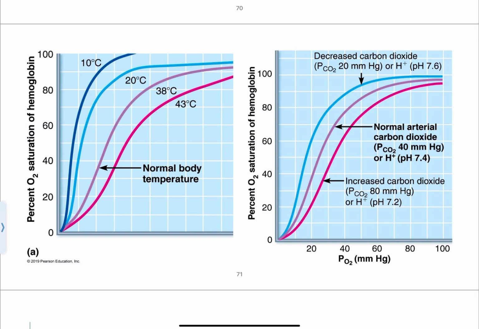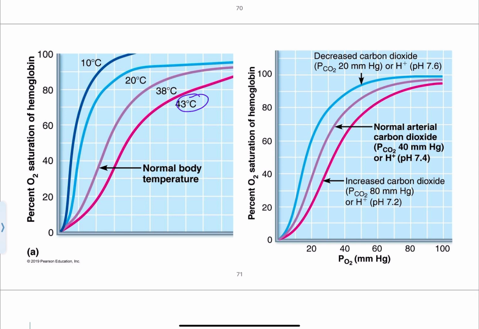If we're looking at body temperature, what happens to the percent oxygen saturation of hemoglobin? If we increase our body temperature, say to 43 degrees Celsius, an increase in temperature indicates that we're going to have less oxygen bound to our hemoglobin. So if we look at this curve, we have lower percent saturation of our hemoglobin. Why? Because an increase in temperature is an indication that we used a lot of oxygen during cellular metabolism and that we need more.